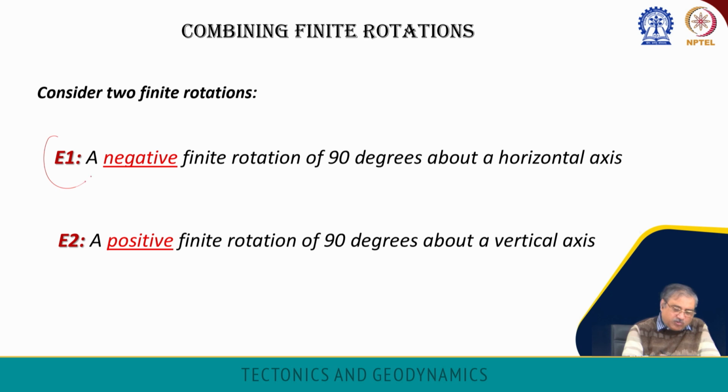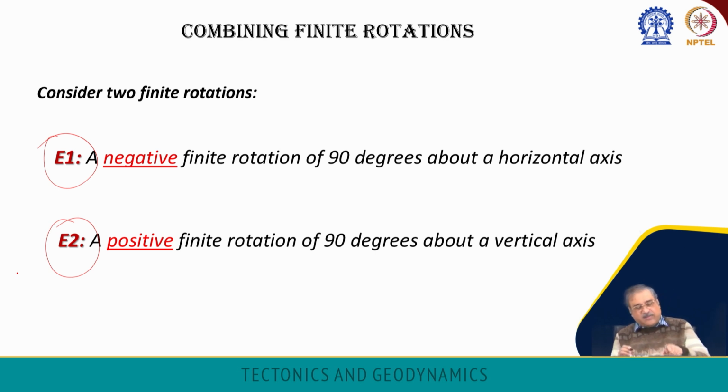Let's call one a finite rotation E1, and the second one a finite rotation E2. Now let's say E1, with respect to you viewing me, is a negative finite rotation of 90 degrees about a horizontal axis.